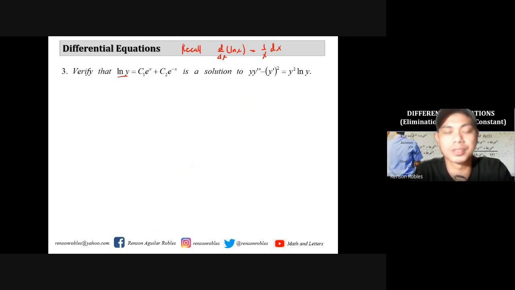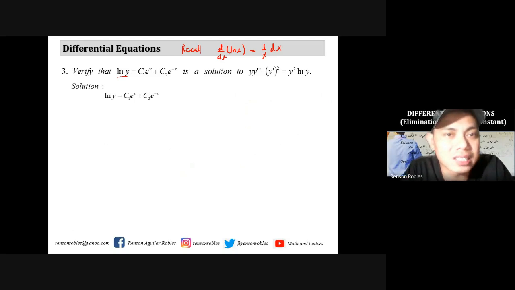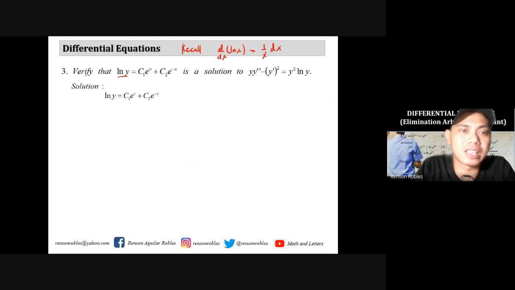Okay? So we shall now have ln y equals c sub 1 e to the x plus c sub 2 e to the negative x. Differentiating this implicitly, so you know that the derivative of ln y is 1 over y.